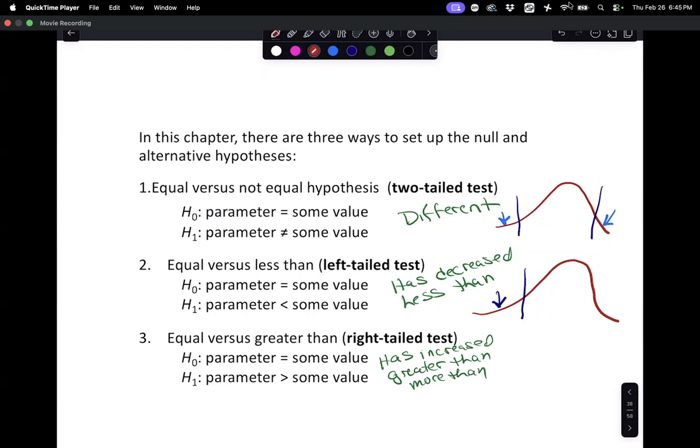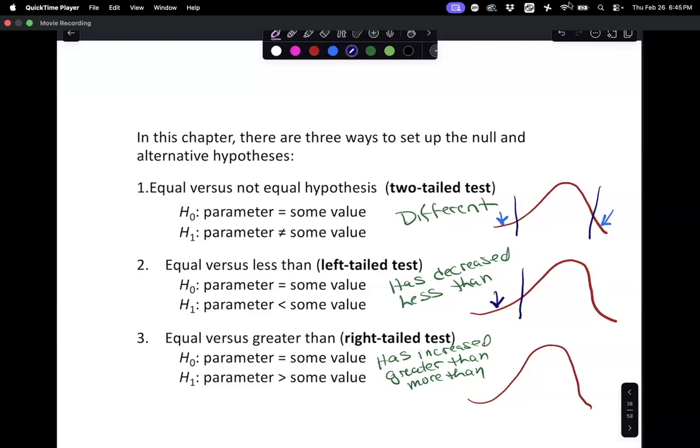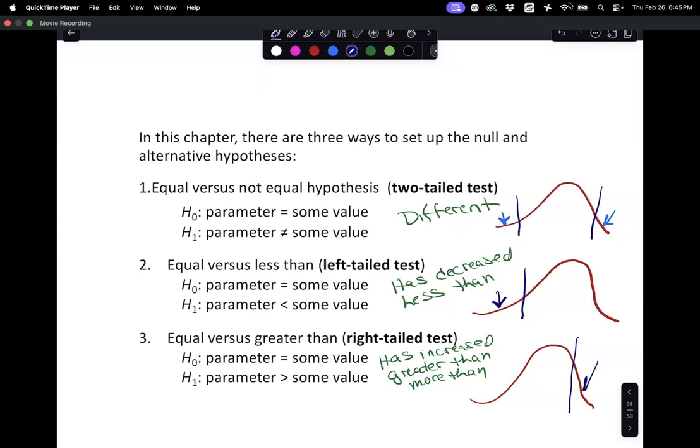So once again, I'd have my curve. That's an ugly curve. And we would be looking out here. If my sample lands out there, outside that confidence interval on the right, then we would say that our null hypothesis is not true. This is essentially what we're doing.